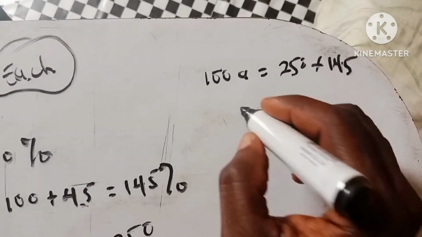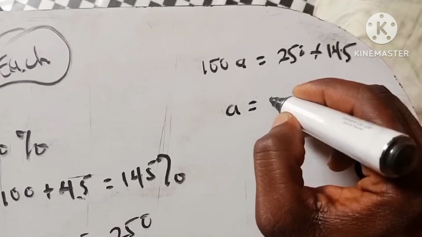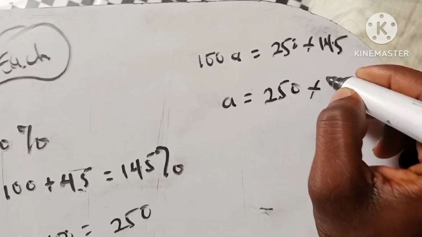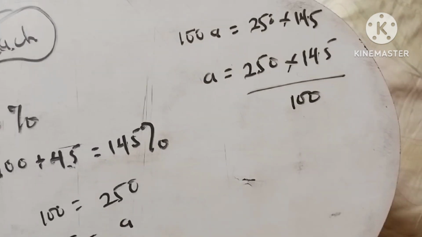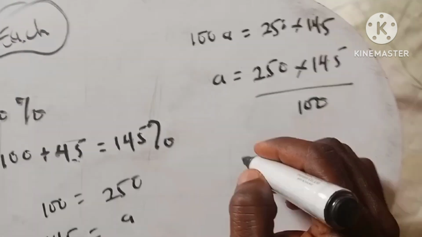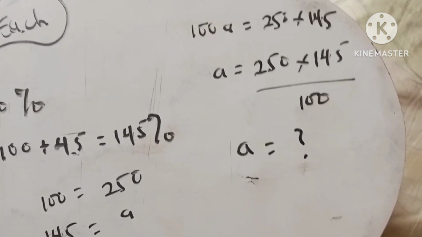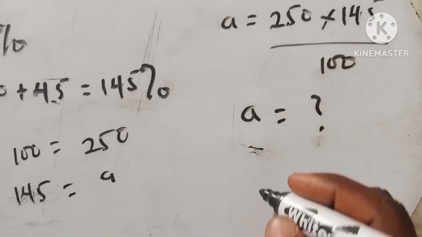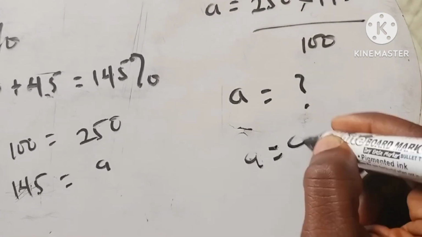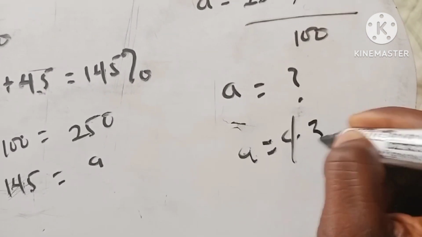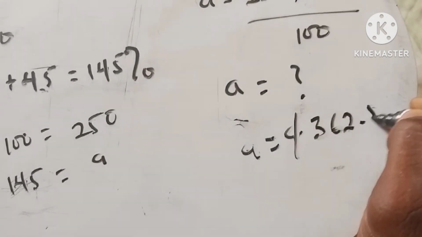We are looking for a, so that's going to be 250 multiplied by 145, everything divided by 100. Does it make sense? According to my calculation, I had a equal to this currency here, 362.5.